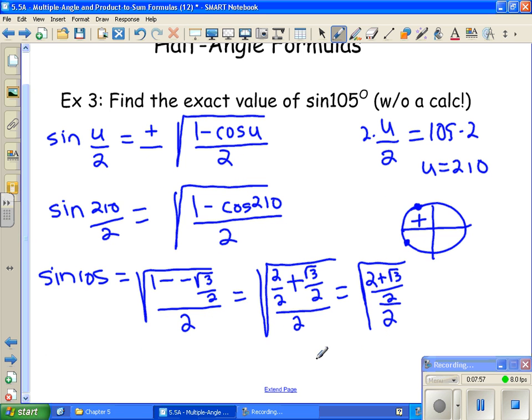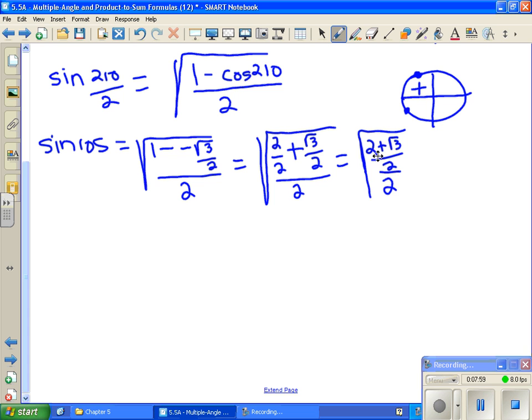Still got one thing that I need to simplify. I have to get rid of this denominator. And to do that, I am going to multiply my top and bottom by 1/2. Notice that I'm multiplying my fraction by 1/2 over 1/2, which is 1. So I can do that.